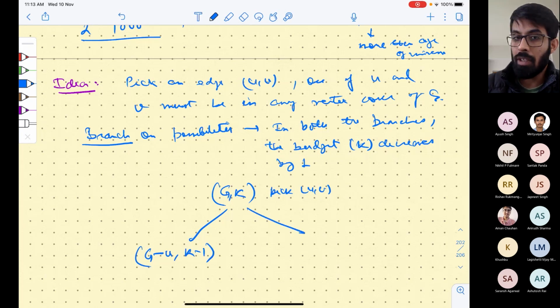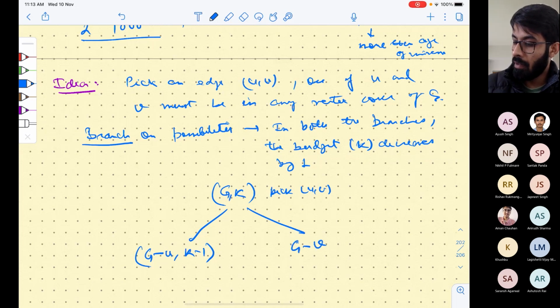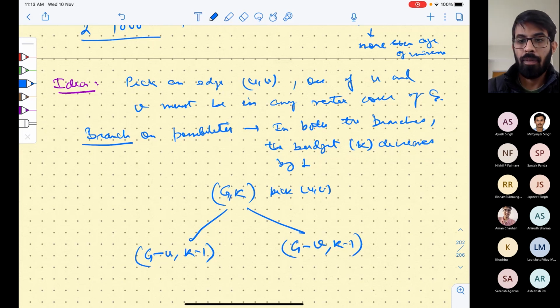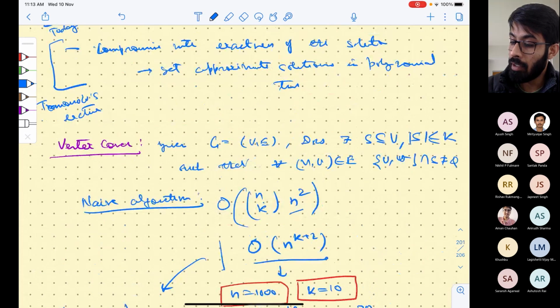And in the other branch, we do the same with v. So the instance is of the form G comma k in vertex cover.